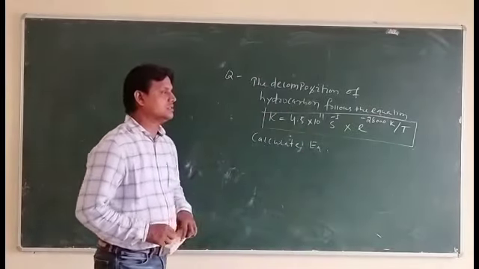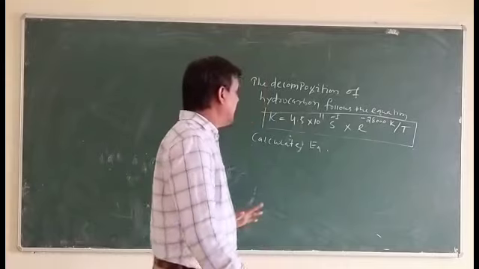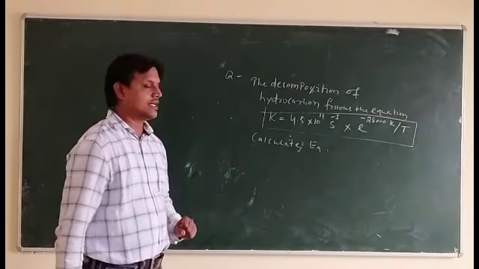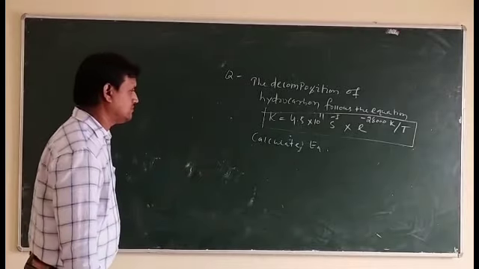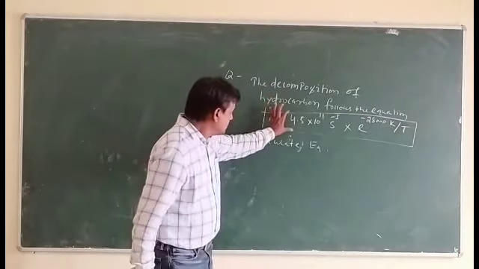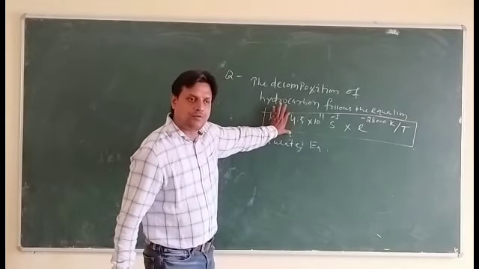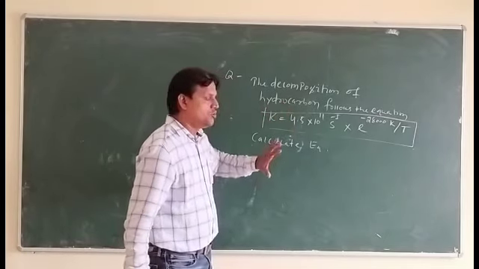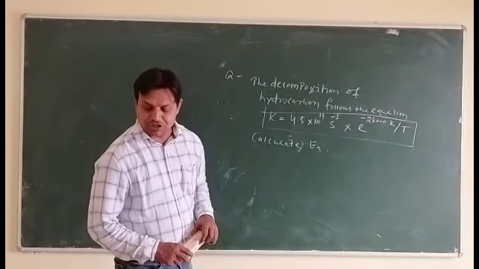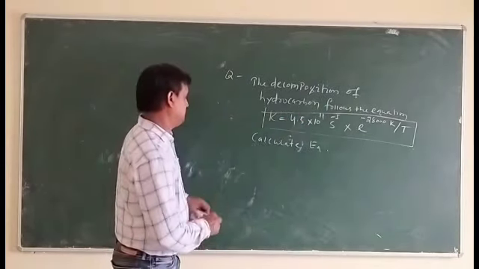Okay. So, calculation of activation energy from the decomposition equation of the hydrocarbon. Simply you match the decomposition equation of the hydrocarbon with our Arrhenius equation K equals A into e to the power minus EA by RT.